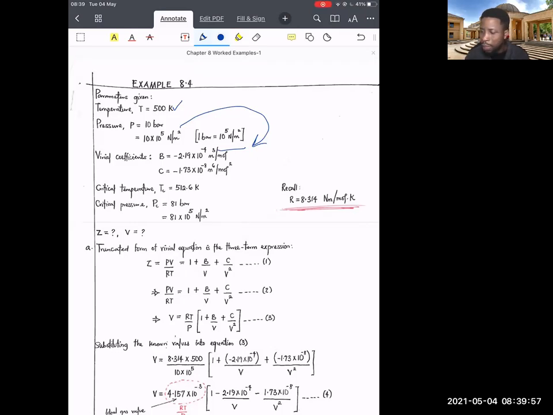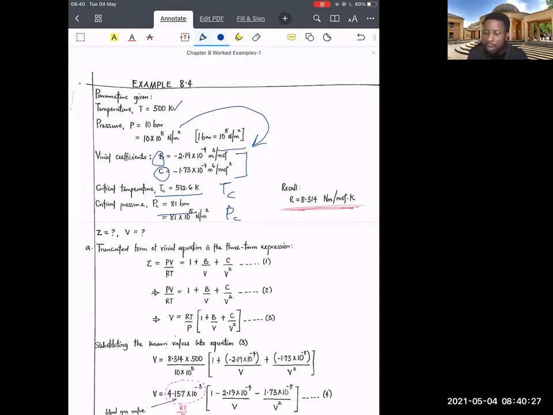Then we've been given these B and C values. You've also been given critical temperature and critical pressure. Please don't confuse them with the temperature and pressure we'll be looking at later on. You see this is TC, that is PC. They are 2 different things. We talked about them in the lecture 2 weeks ago.